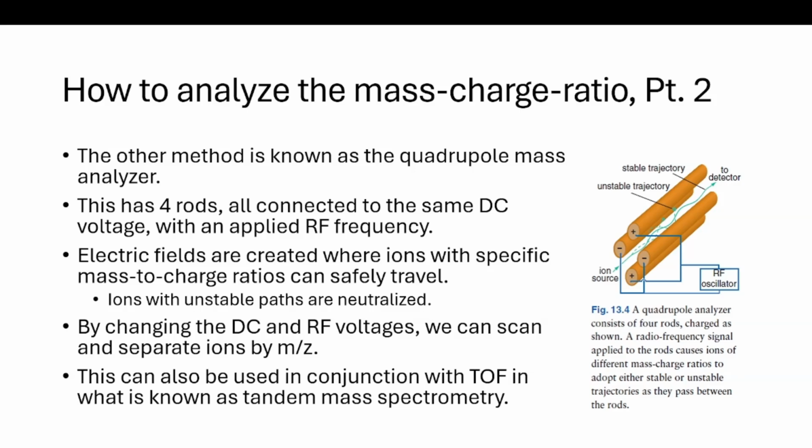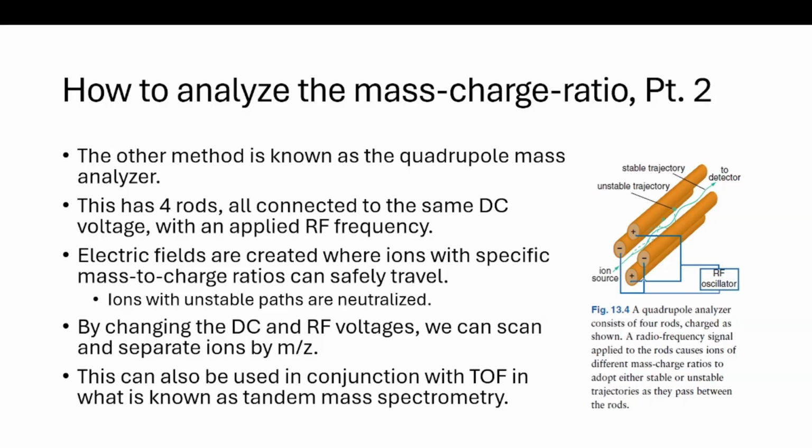Now, as for a quadrupole mass analyzer, this was a bit tricky when I first learned it since I didn't know much physics. But in a quadrupole mass analyzer, we have 4 rods. And to shoot these 4 rods, we have an identical DC voltage with an applied frequency. Now, electric fields are created where ions with specific mass-to-charge ratios can safely travel.